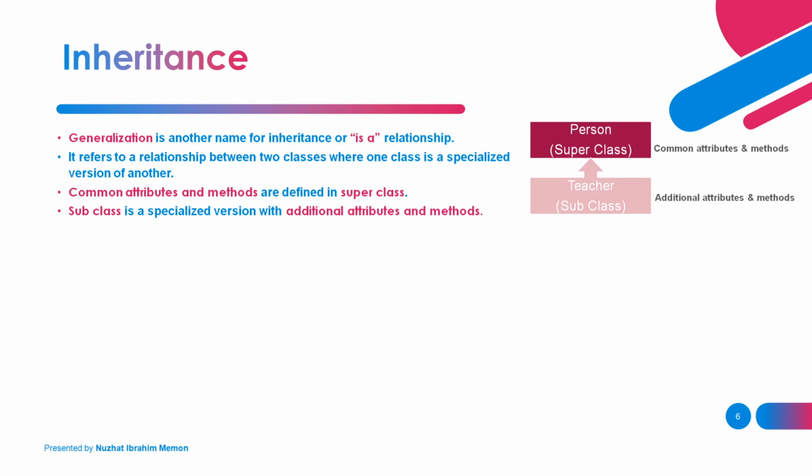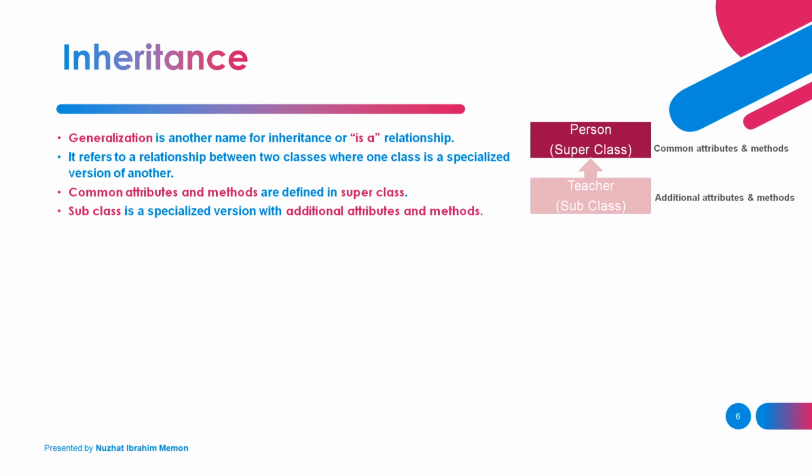Here we can say that generalization is another name for inheritance or is-a relationship. It refers to a relationship between two classes where one class is a specialized version of another. Common attributes and methods are defined in superclass, that is the person class here, and subclass, that is the teacher class, is a specialized version with additional attributes and methods.